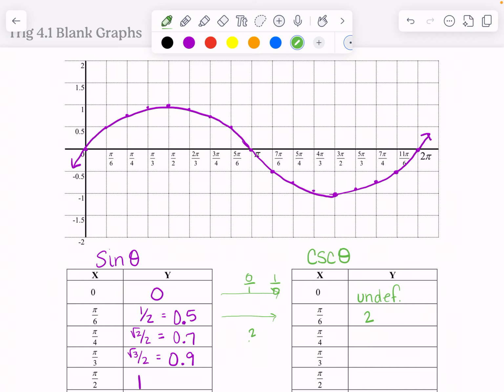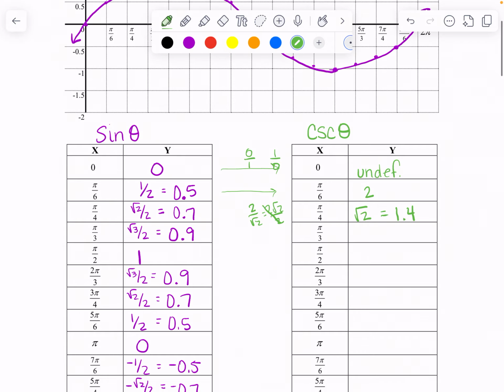The reciprocal of this guy: 2 over root 2, so the 2's cancel, and this guy is root 2, which a decimal approximation is 1.4. 2 over root 3, so 2 root 3 over 3, put that in my calculator, decimal approximation is 1.2. 1, think about 1 over 1, flip it over is still 1.